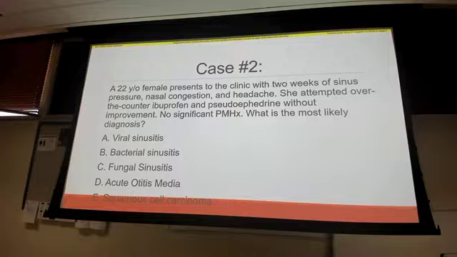B. Okay. Do we have a poll? All right, we are thinking B: 2 weeks of sinus pressure, that nasal congestion. She attempted the ibuprofen and pseudoephedrine, so that's symptomatic treatment.